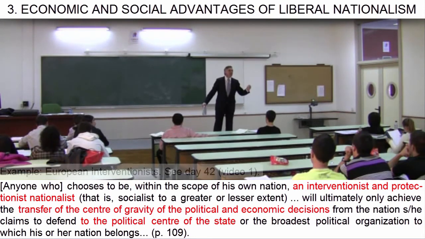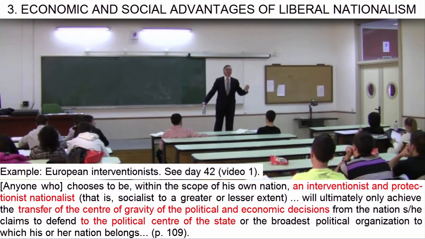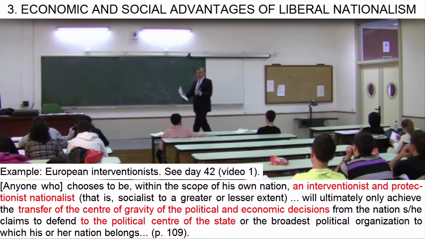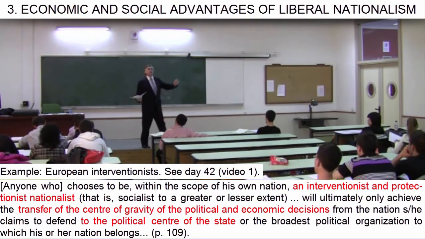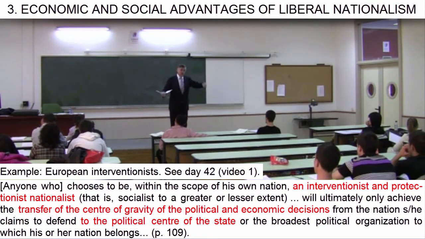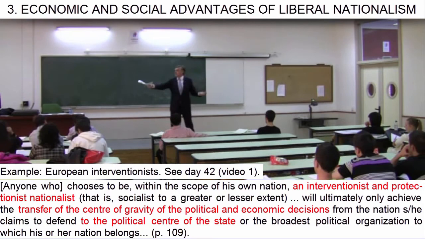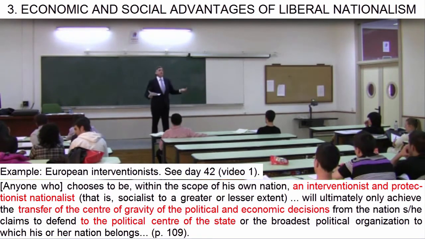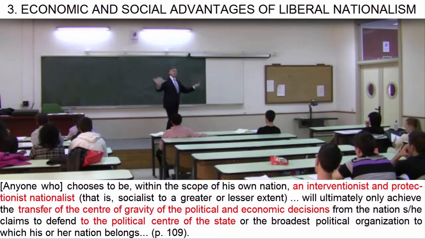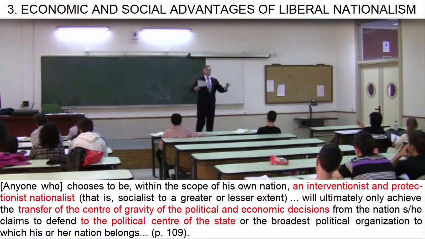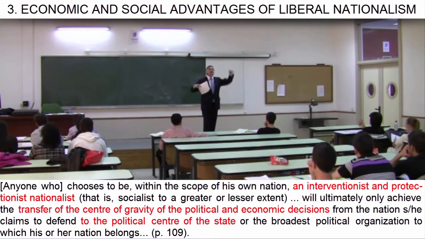This is the very logic employed by European interventionists, who, realizing that if Germany or France imposes a protectionist or social state measure, it loses competitiveness, seeks a one-size-fits-all solution via Brussels. They want Brussels to force everyone to adopt the regulation in question. In other words, they give more power to Brussels. Protectionist nationalists always, without fail, end up giving more power to the central political body, which they claim to hate so much.